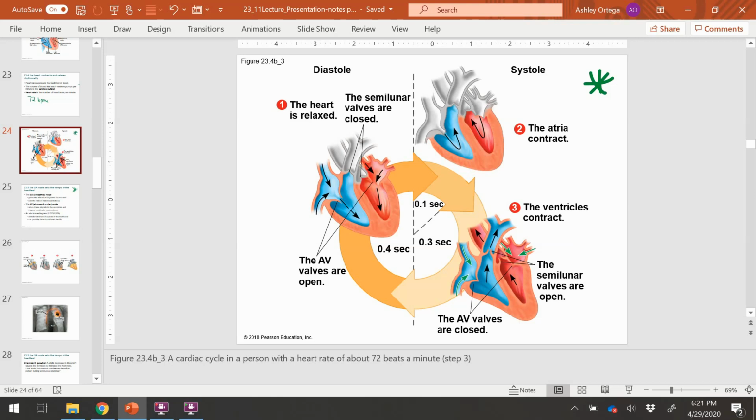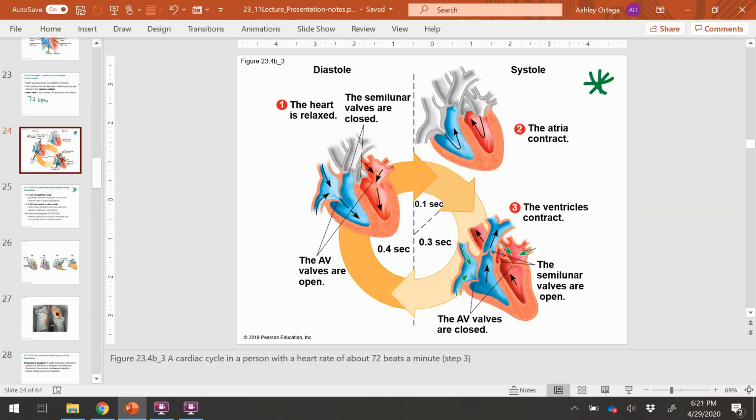And so those semilunar valves are going to be open. In that 0.3 seconds, that process takes place, and then following that, the heart will enter the diastole phase where it fills up.